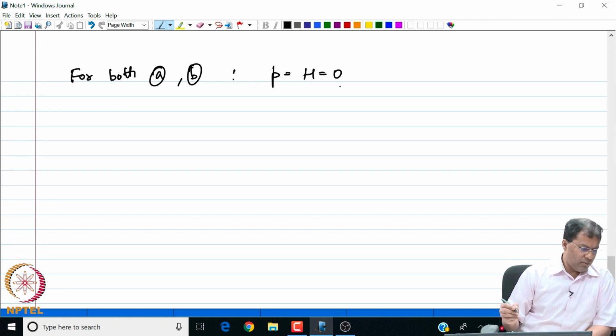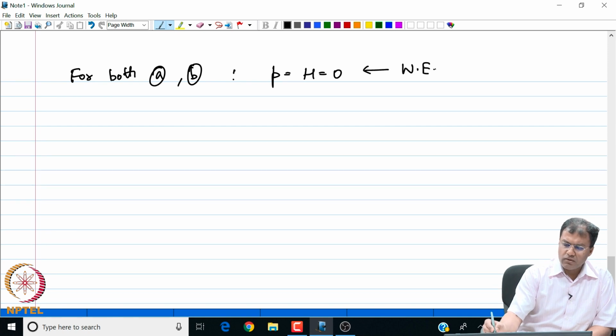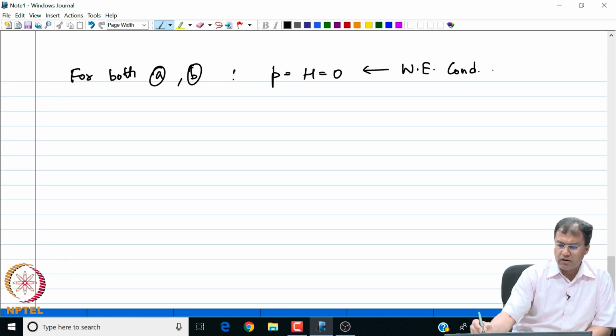So for both solutions, the momentum and the Hamiltonian are 0, which means that we do not have to worry about the Weierstrass-Erdmann conditions, because they are satisfied trivially from the left and from the right.